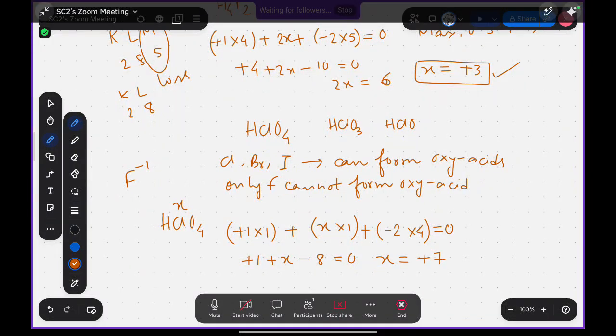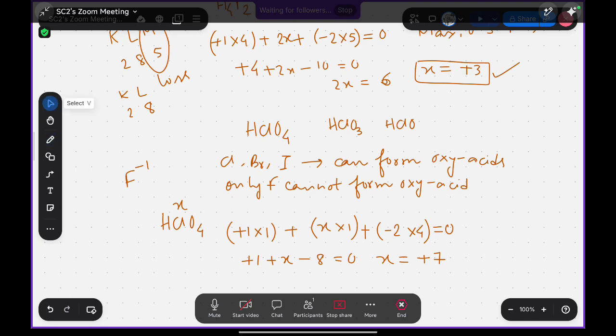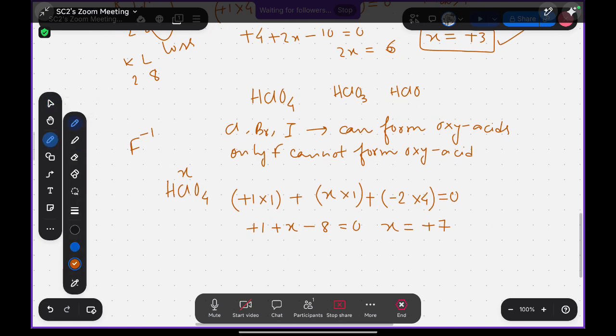Is it possible? Let's check. If not possible, we have to go for something else. The atomic number of chlorine is 17. So the electronic configuration is 1s2, 2s2, 2p6, 3s2, 3p5.